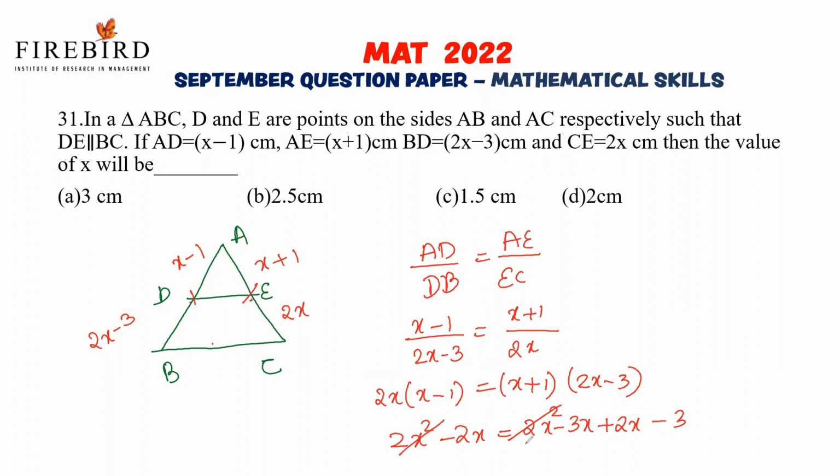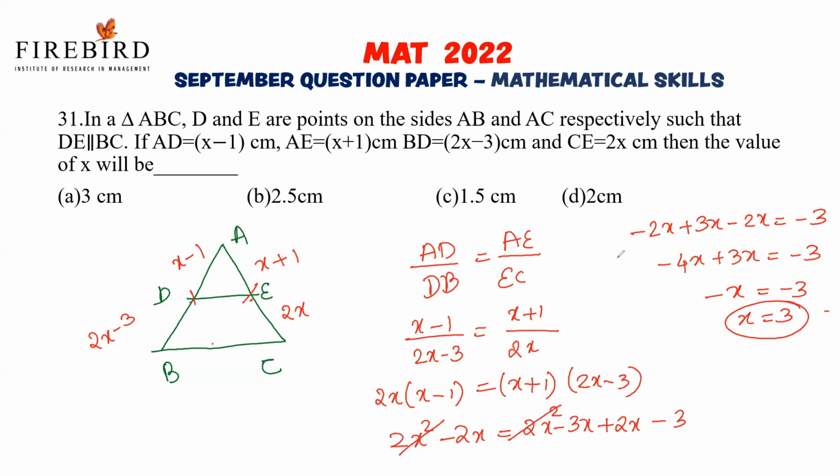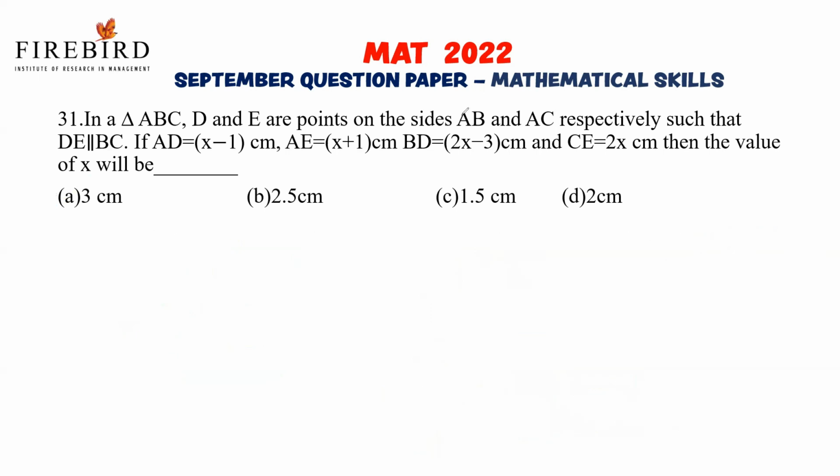Minus 2X plus 3X minus 2X is equal to minus 3. So minus 4X plus 3X is equal to minus 3. So minus X is equal to minus 3. So X is equal to 3 centimeters, which is your answer. You got it, right? Now we'll move to the next question.